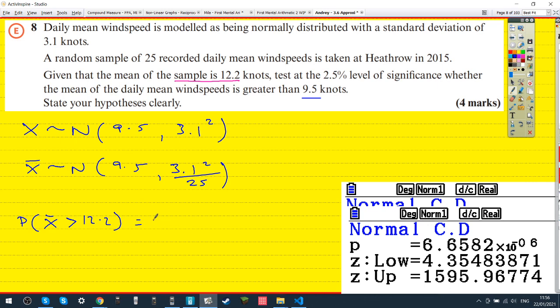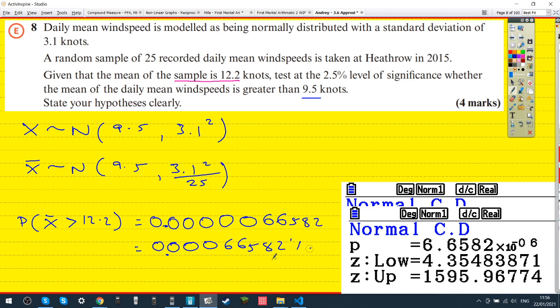Okay, so 6 zeros, 66582. Remember, decimal times by 100 gets rid of 2 zeros. 1, 2, 3, 4. Okay.